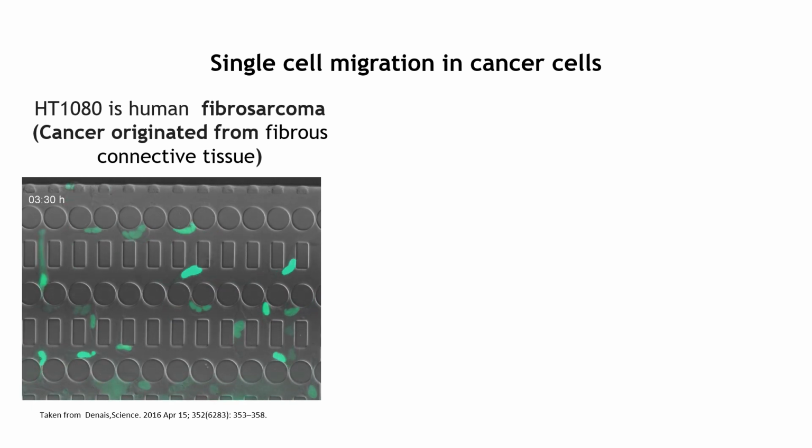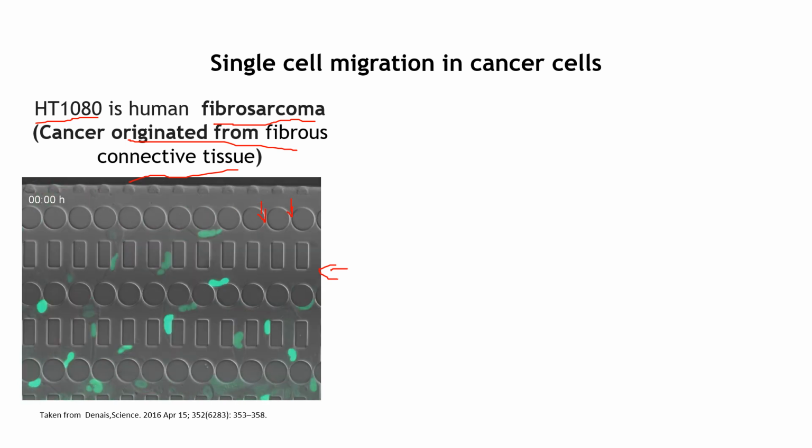So, for example, this is a fibrosarcoma. If you remember, it is a cancer originated from fibrous and connective tissue, and this is the name of the cancer line. And if you see here, the scientists put a tissue culture with small gaps that are very difficult to go through.